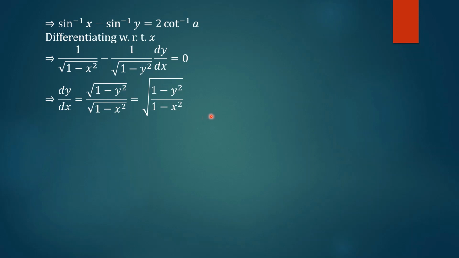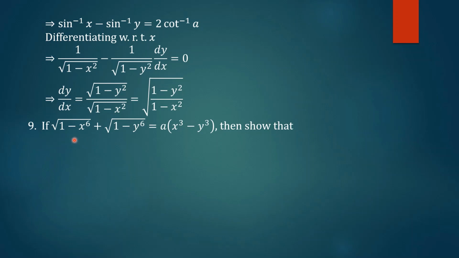Okay, so we come to another question. You see this question, and compare with the previous problem. We already solved the problem here. You see 1 minus x to the power 6, and root over 1 minus y to the power 6, and here a into x cube minus y cube.